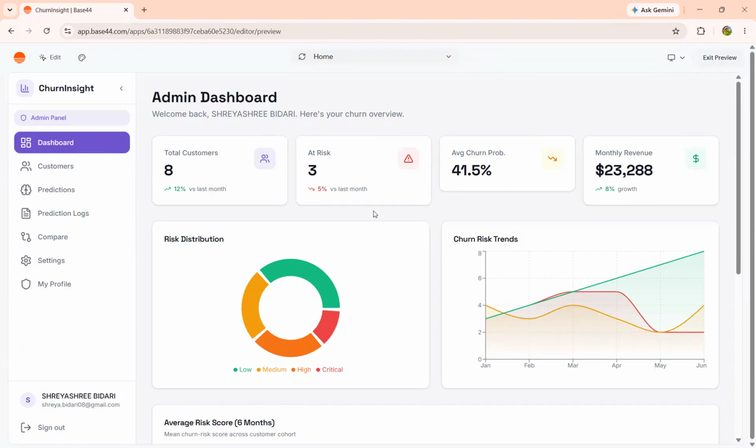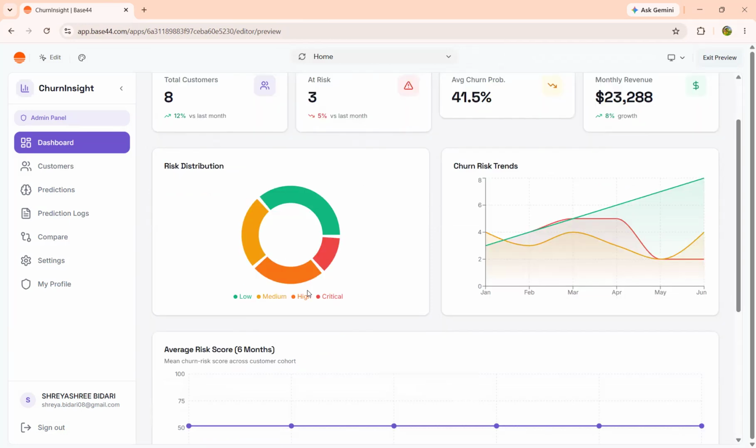This is the web page of our app project. Here we can see our admin dashboard where we can see customers, predictions, prediction logs, compare, settings, and my profile. In the dashboard, we can see the total number of customers we have, who the customers at risk are, the average churn probability and monthly revenue. Here we can see the risk distribution, denoted in a pie graph.